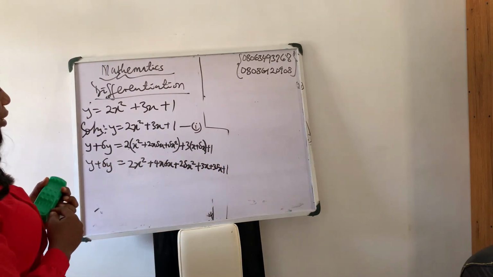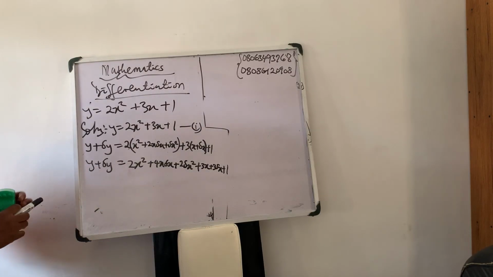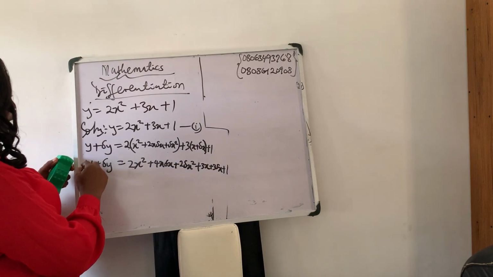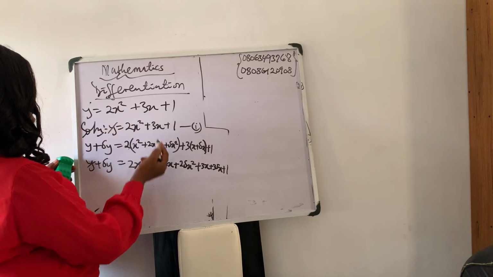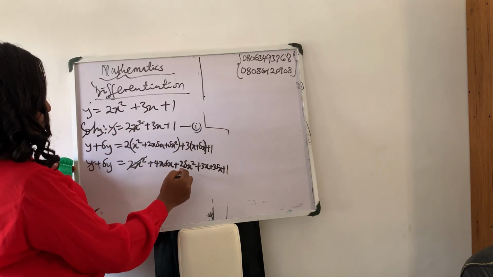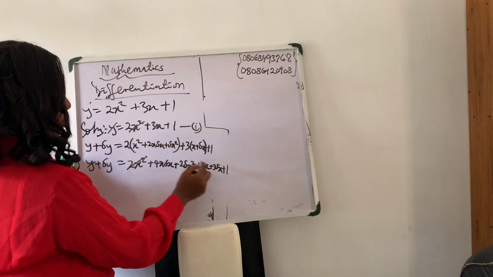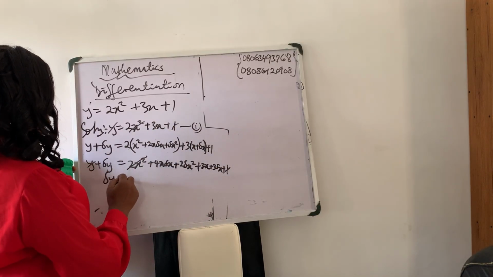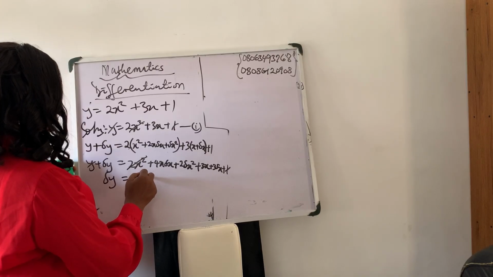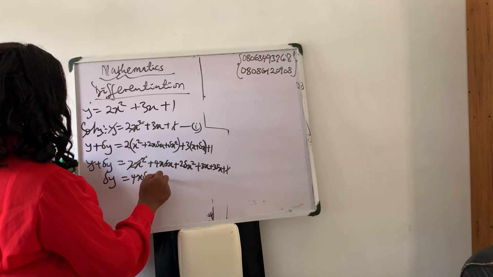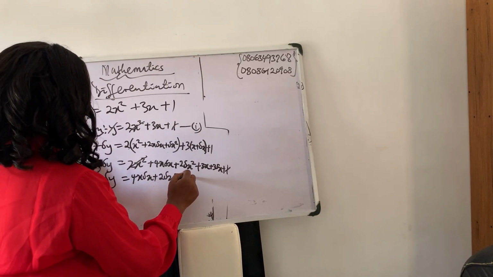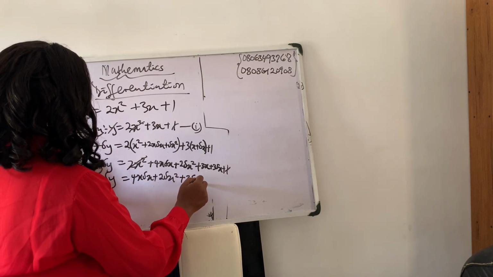Just as we did in the first example, we're going to take off what we have in equation 1. This one is gone, this is gone, here 3x is gone, here 1 is gone. So what is left is dy equal to 4x dx plus 2 dx squared plus 3 dx.